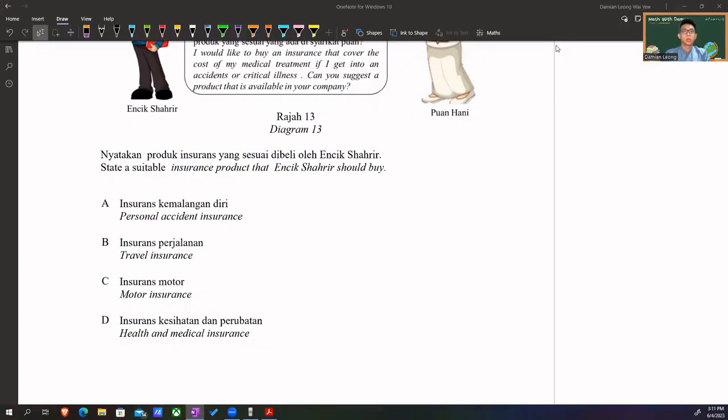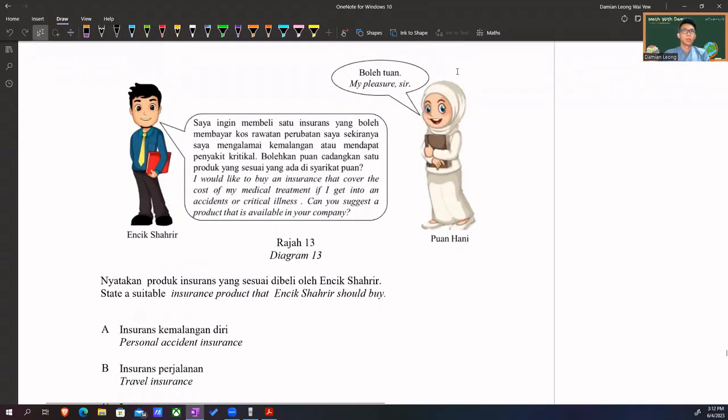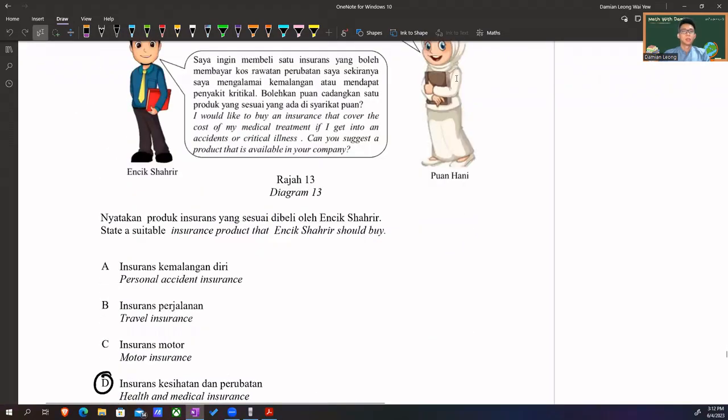That would be your health and medical insurance, because no matter how you enter the hospital for medical treatment, it should cover. So the answer would be D.